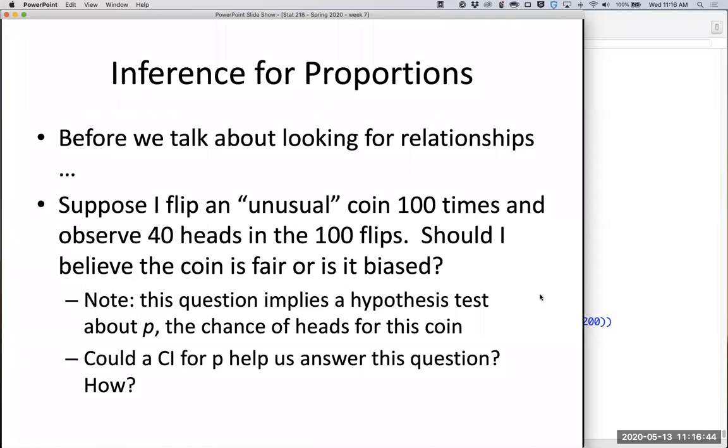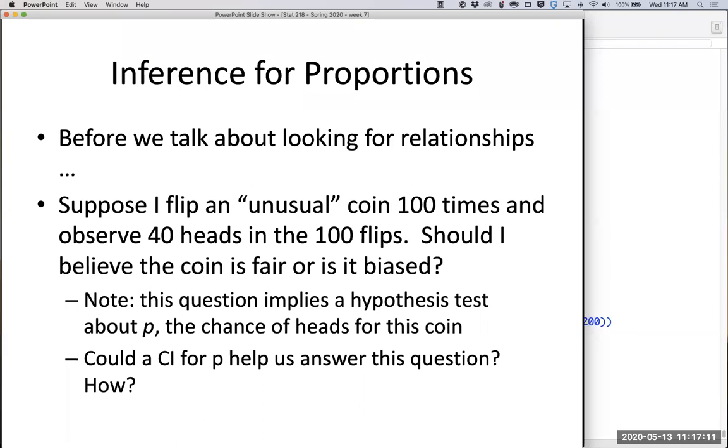Okay, so I'm going to get into a question about population proportions, and it's going to get us towards chi-square, the Chapter 9, Section 4 approach. If I flipped a coin 100 times, you'd think you should get 50 heads and 50 tails. What if I flipped a coin that was somewhat unusual in its look?